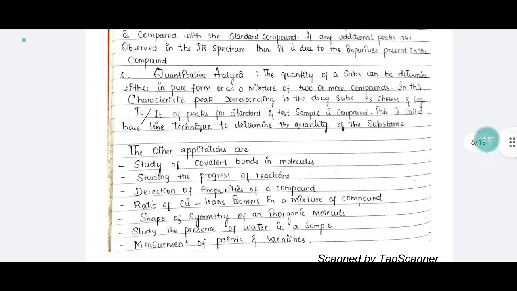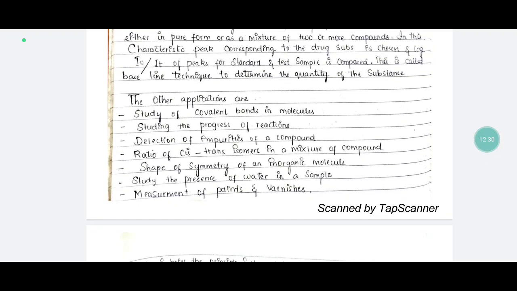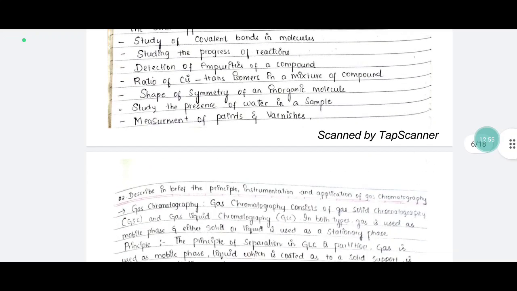Other applications of IR spectroscopy are the study of covalent bonds in molecules, studying the progress of the reaction, detection of impurities in a compound, ratio of cis and trans isomers in a mixture of compounds, shape of symmetric and inorganic molecules, study of presence of water in a sample, and measurement of paints and varnishes.